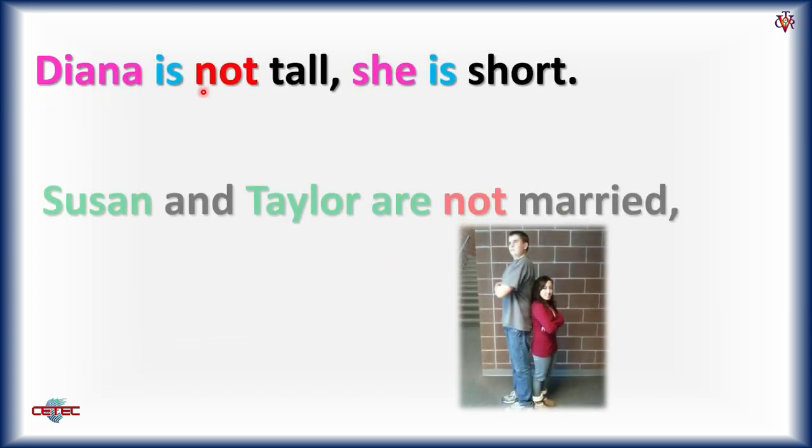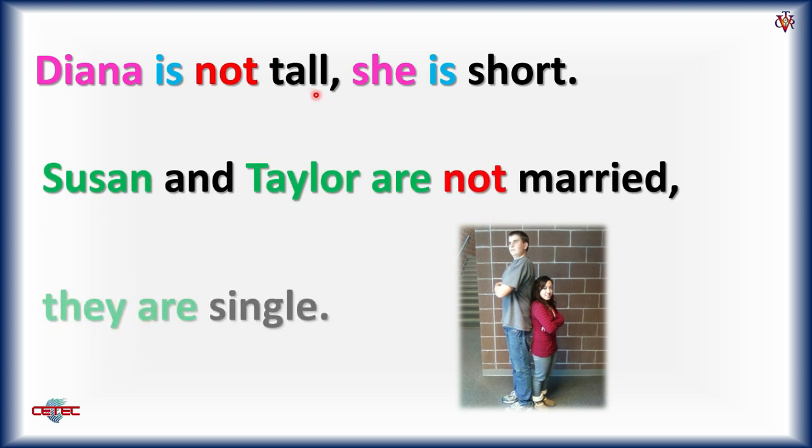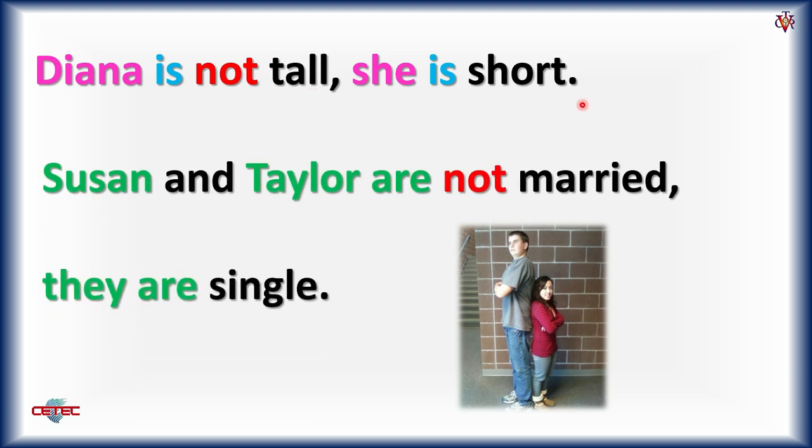Diana is not tall. She is short. Diana, it's a girl. And verb to be, negative form. Complement. Positive. She, subject, verb to be, and complement. Susan and Taylor are not married. They are single.